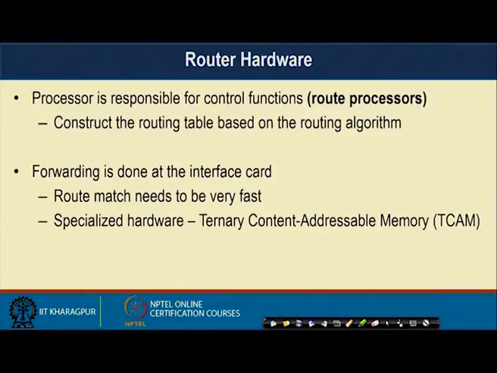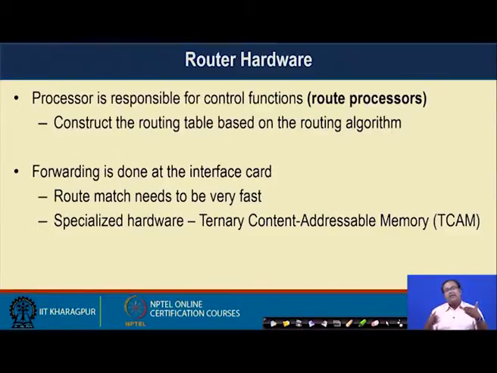So, the processor is basically responsible for running those programs for constructing the routing table based on the routing algorithm, and the forwarding is done at the interface card, because here the interesting design choice is that, as I have mentioned earlier, your control functionality is not so frequent, whereas your data functionalities are very frequent, and that is why the control functionalities we generally implement as a part of software, whereas the data functionalities are implemented as a part of the hardware.